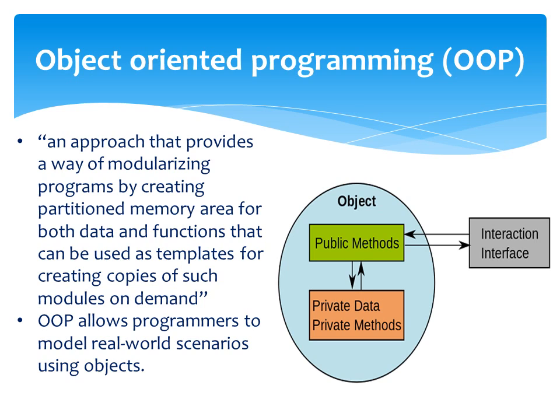Since objects represent real-world entities such as person, place, animal, birds or things, they match closely with real-world entities, and hence object-oriented programming allows programmers to model real-world scenarios using objects.